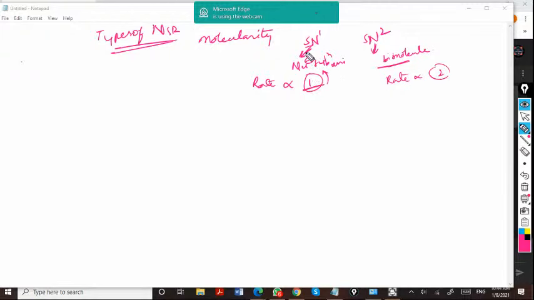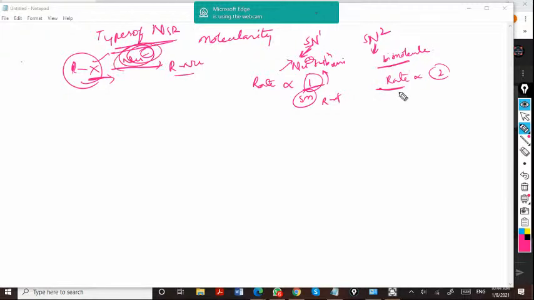That one molecule here is the starting material, the alkyl halide. If the reaction rate depends just on the alkyl halide, it is SN1. If the rate depends on the alkyl halide as well as the nucleophile, it is substitution reaction bimolecular.